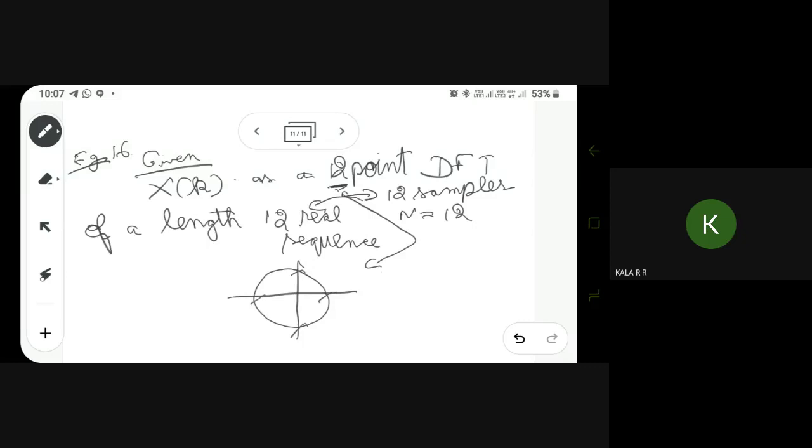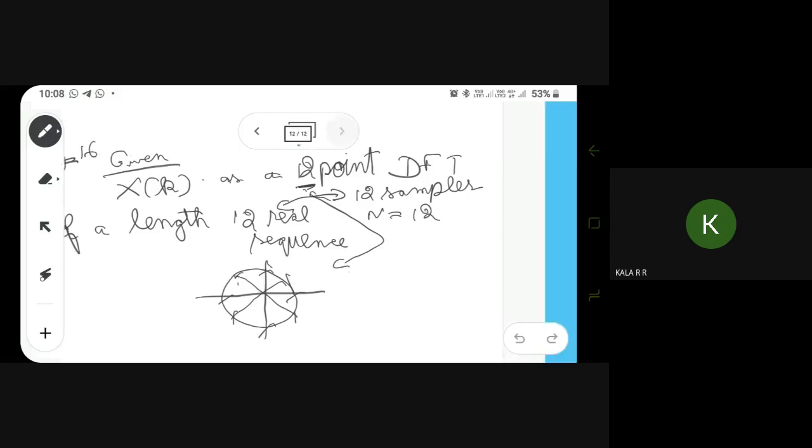Then it is 4-point. At the same time, if you are taking equally 8 points, it corresponds to the 8-point DFT. So now for the 12-point, it will be taken in terms of 12 points. Okay, the circle will be equally divided or sampled into 12 points. So this is the meaning of your 12-point DFT.